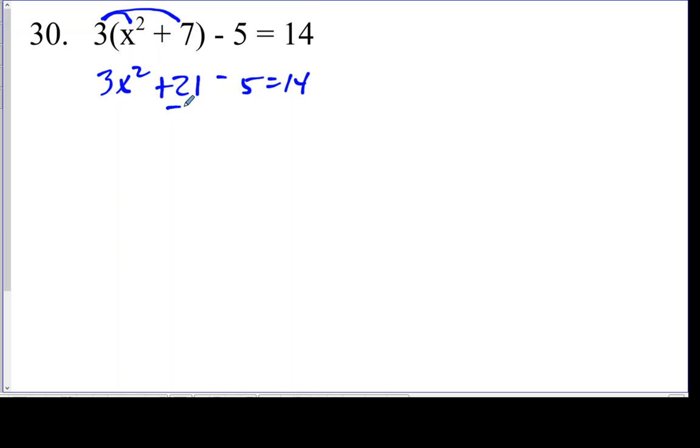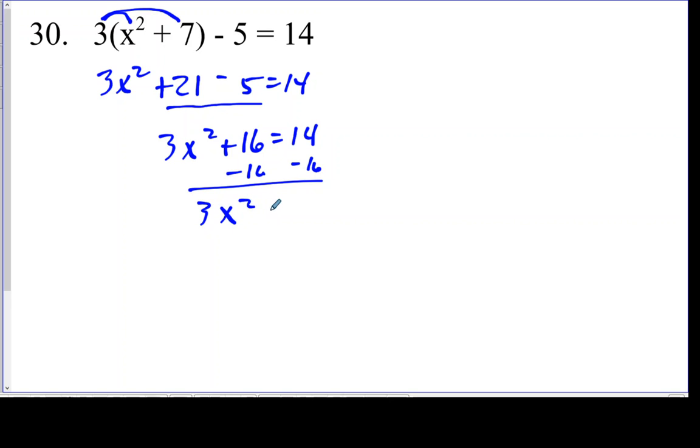Then you can combine the 21 minus 5, you get 3x squared plus 16 equals 14. Subtract 16 from both sides, and you get 3x squared equals negative 2. Divide both sides by 3, and you get x squared equals negative 2/3.